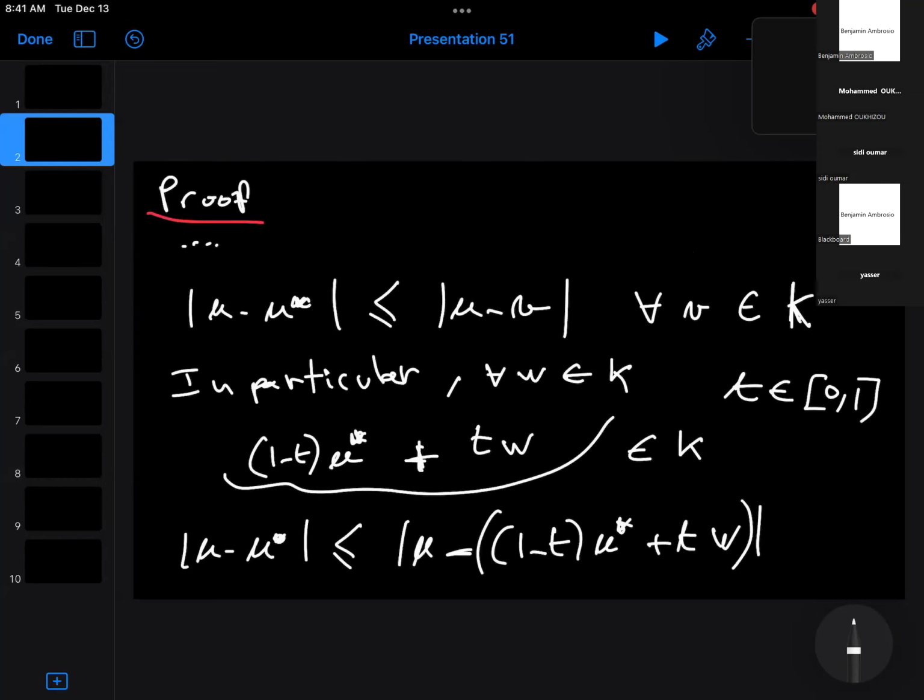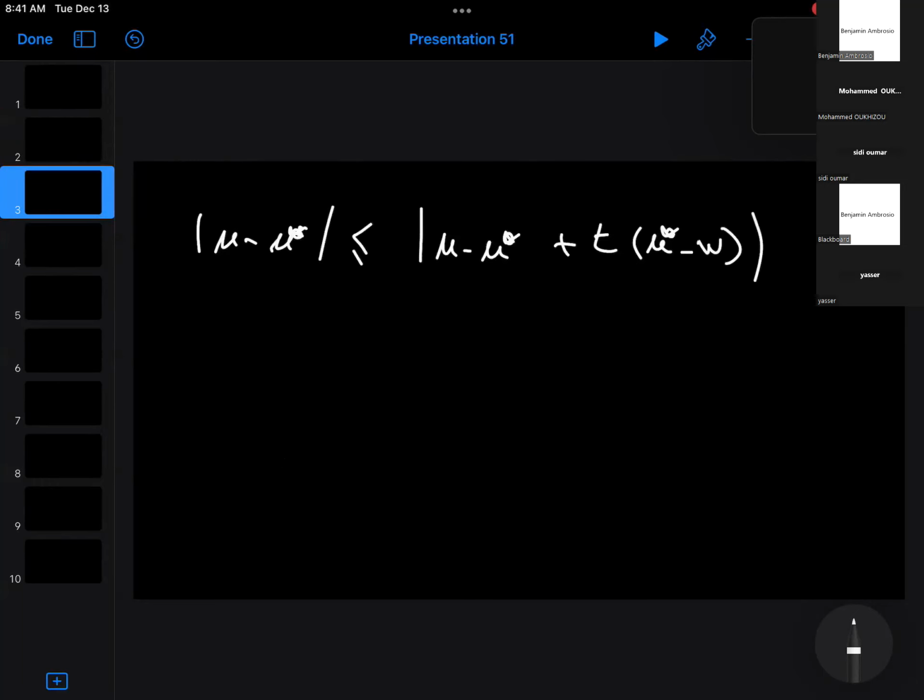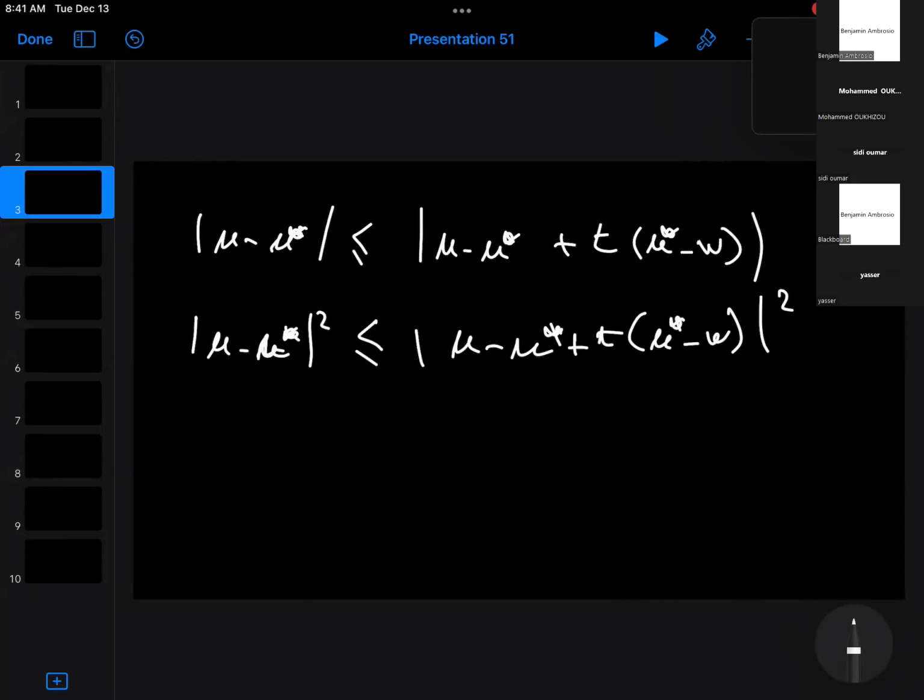I just distributed the minus, and that's what I obtained. All right, so I can also take the square here. The definition of that norm is exactly the scalar product, so by definition this is the scalar product.